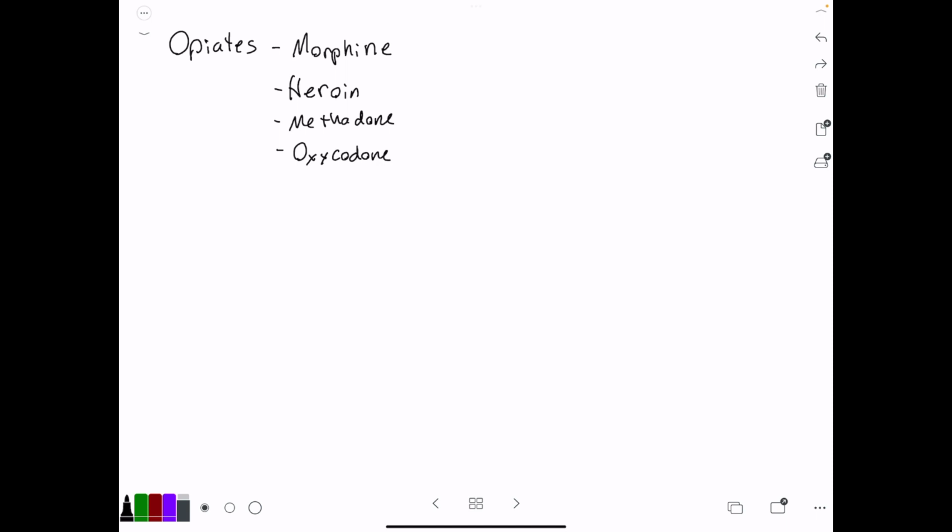So we've talked about opioids already as an example of neuromodulation, but there are a number of different types of opioid receptors. The most important one that we're interested in is the mu opioid receptor, and we've talked about this.